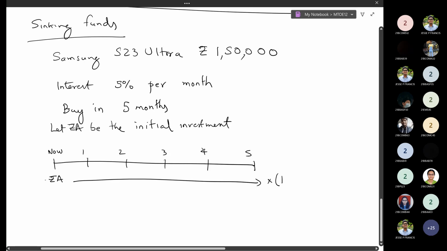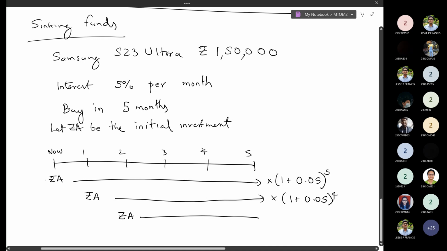So A into 1 plus 0.05 to the power of 5 for 5 months, right? And the same rupees A is invested for 4 months into 1 plus 0.05 to the power 4. Same rupees A is invested for 3 months, 1.05 to the power 3.